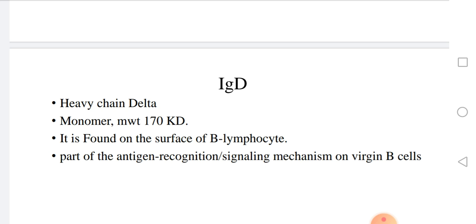IgD, its heavy chain is delta. It is a monomer with a molecular weight of 170 kilodaltons. It is found on the surface of B lymphocyte. It is part of the antigen recognition signaling mechanism on virgin B cells. Virgin B cells, the non-stimulated cells.